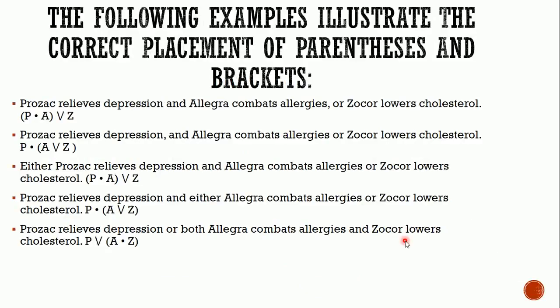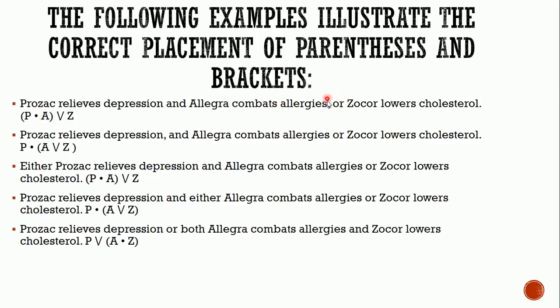Ooh, I like these. All right. So where do you, well, we should try these without cheating. But Prozac relieves depression and Allegra combats allergies, or Zocor lowers cholesterol. All right. So you have this and right here. Boom. We have a conjunction. We have the dot.